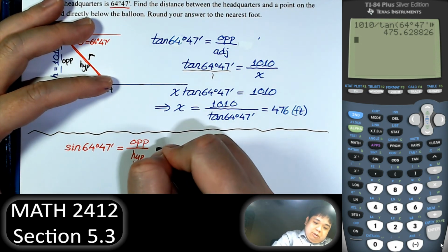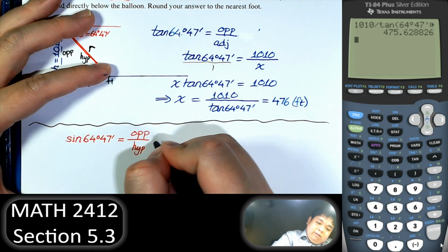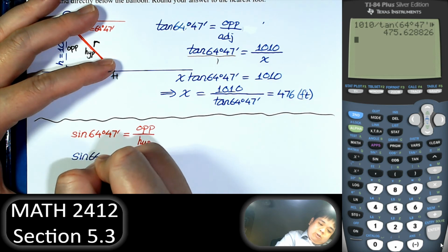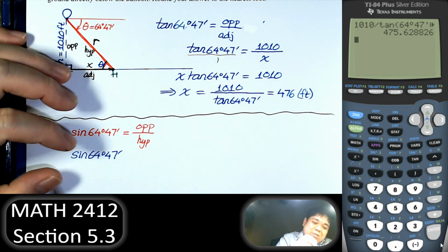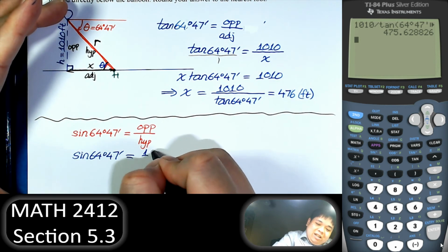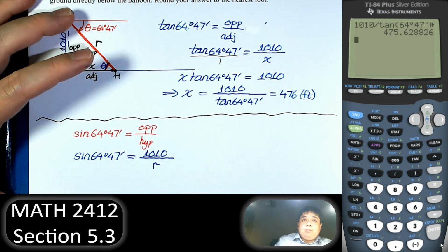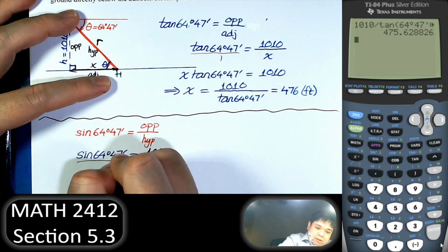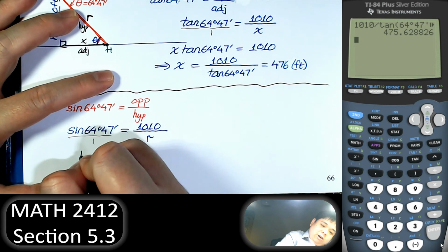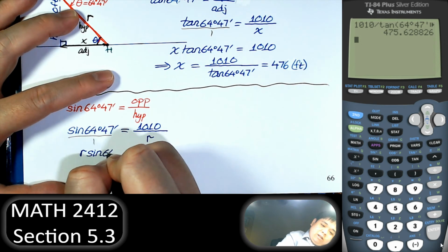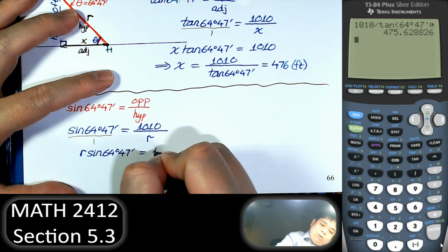So in particular, we have sine of 64 degrees 47 minutes. Opposite is 1010 feet. Hypotenuse we don't know. So cross multiply: r sine of 64 degrees 47 minutes equals 1010.